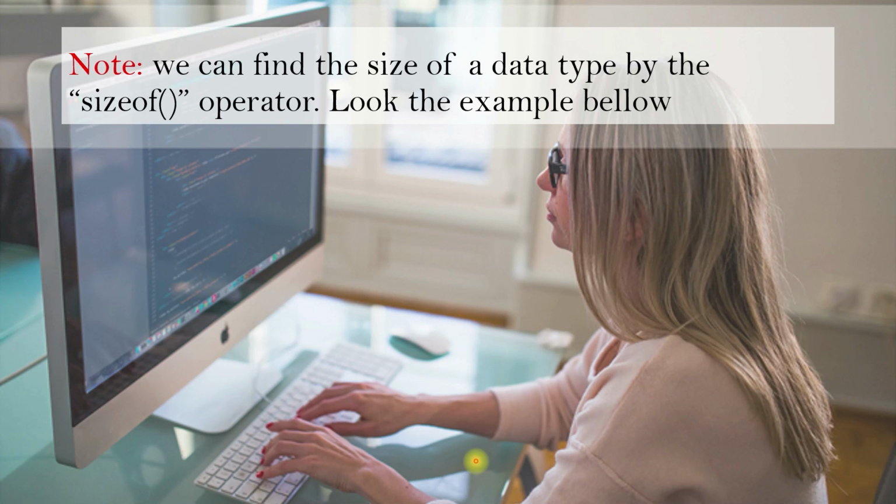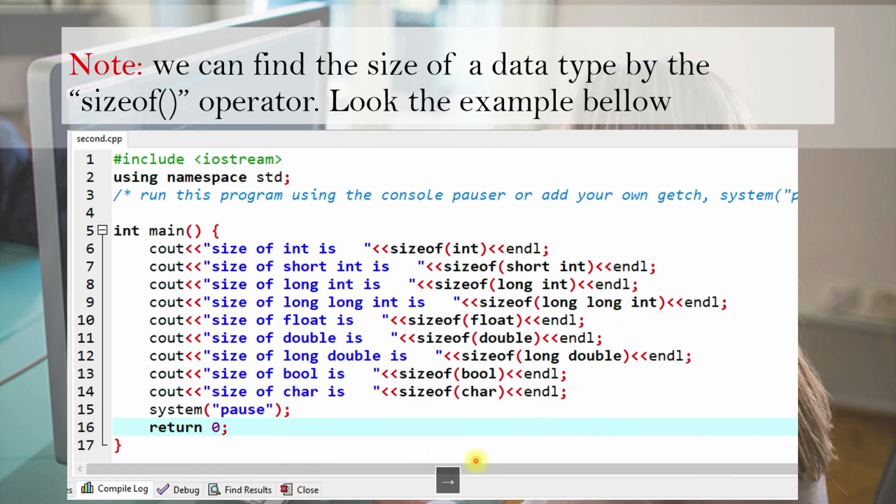And look at the example below. Look, in here we have a program by which we could find the size of each data type. Look, for integer I said that it occupies 4 bytes. How can we understand it occupies 4 bytes? Maybe I'm wrong, or maybe the person who has told me, or the person who has written the C++ book is wrong.